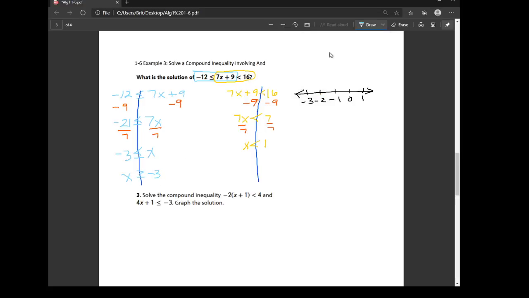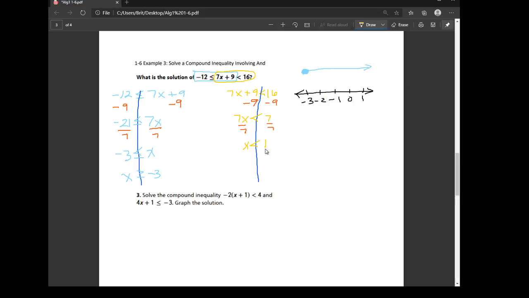This blue one, I know I need my point at negative 3. It has to be filled in because it can be equal to right here. And x is greater than negative 3, so I would be shading to the right. So in my set of solutions, everything bigger than negative 3 is an answer.